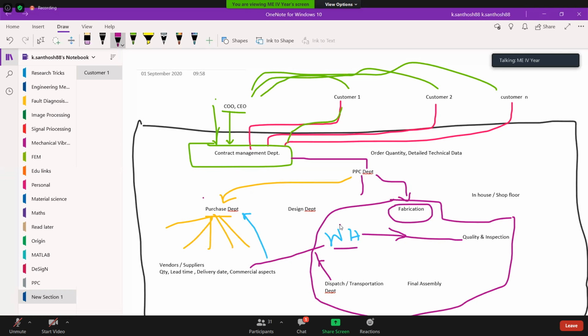So is it permitted? Can I accept it in the quality check or not? So those deviations they will get from the design department, because the design department can't directly say yes.